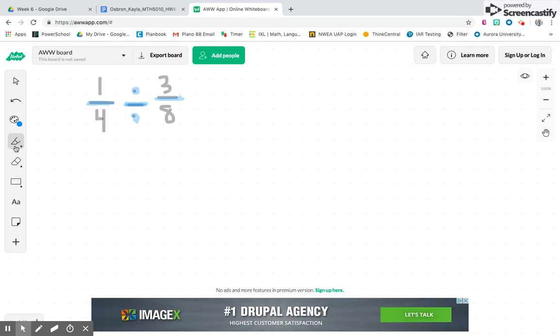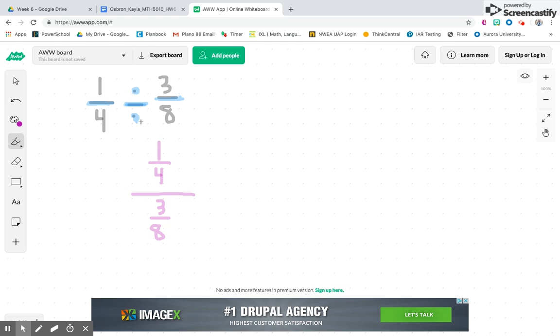So I'm going to rewrite this problem, 1/4 divided by 3/8, as a complex fraction. So I'm making a fraction within our fractions, essentially. So I'm going to have 1/4 divided by 3/8.